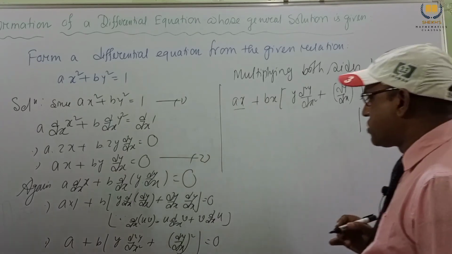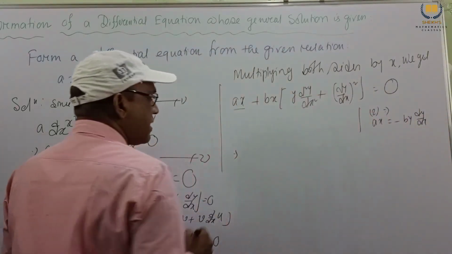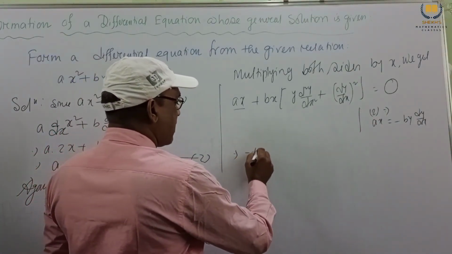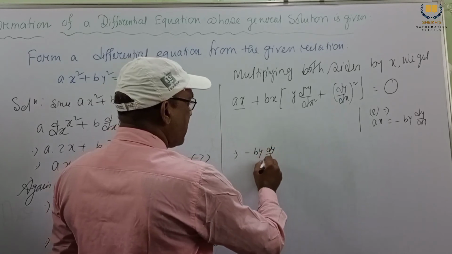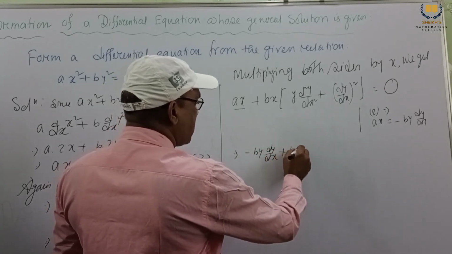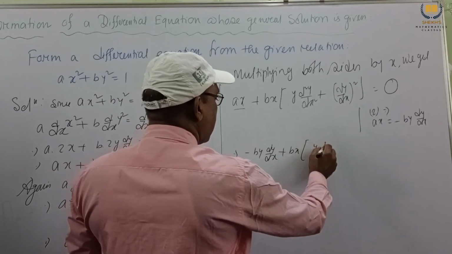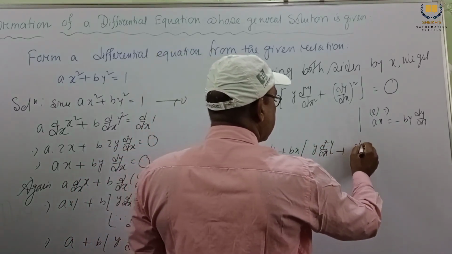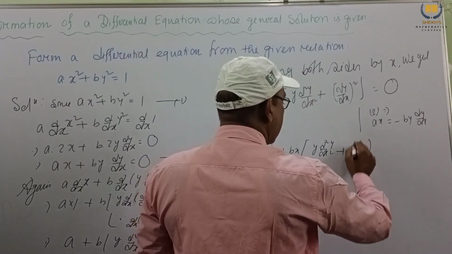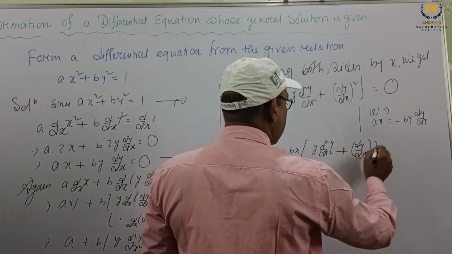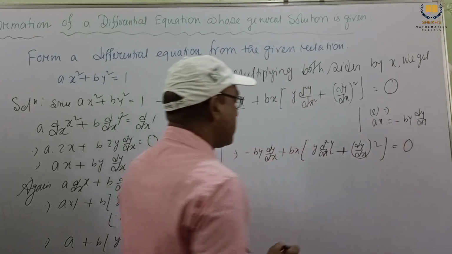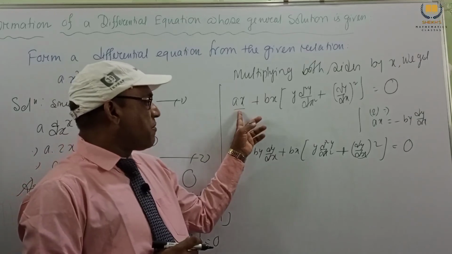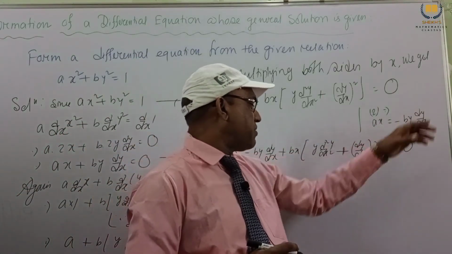From 2 we get this one, and putting the result here, ax means minus b y dy dx, plus bx times y d square y dx square plus dy dx whole square, equal to 0.